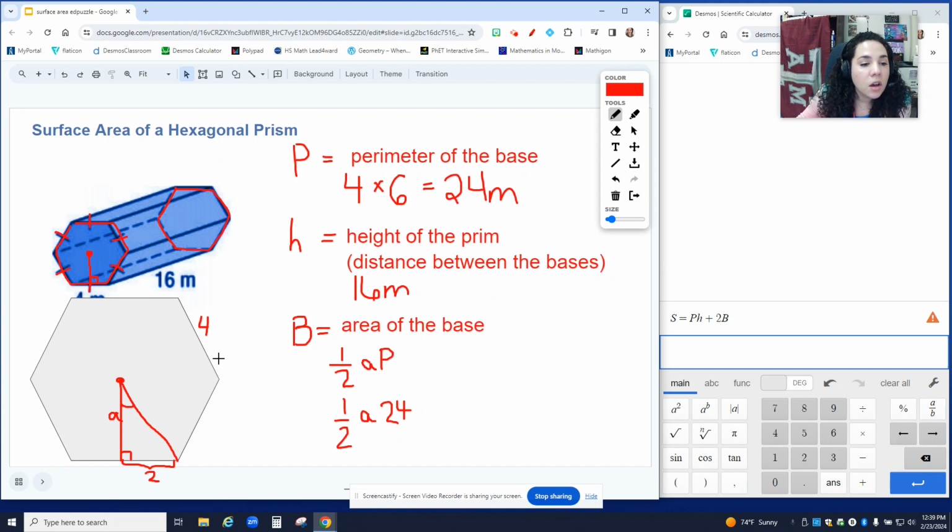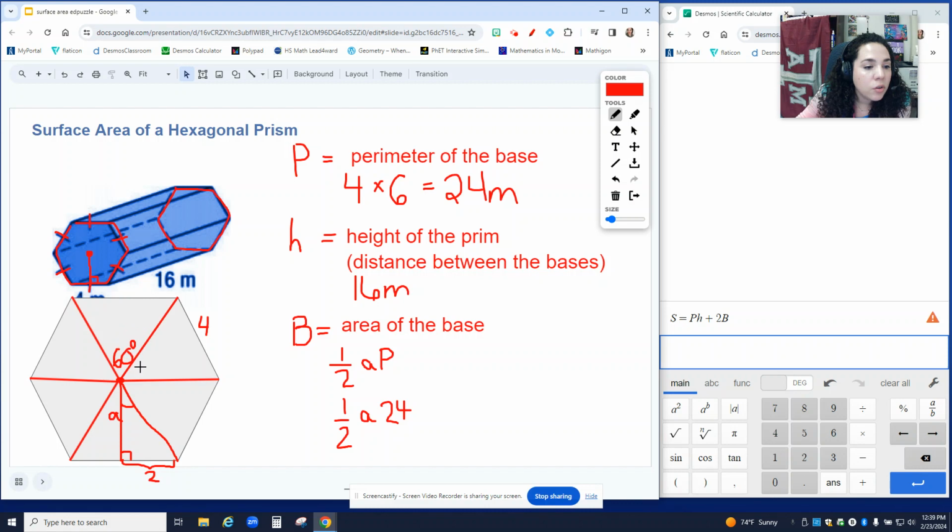When we have a hexagon, we do 360 degrees, because remember, we want to visualize all of the triangles that are coming here and meeting up at the center, right? So 360 degrees divided by 6 is 60 degrees.